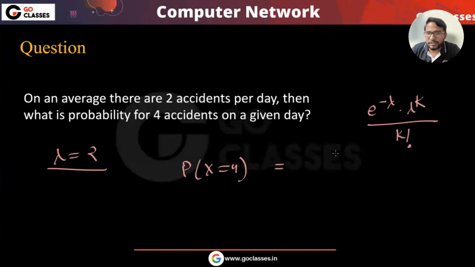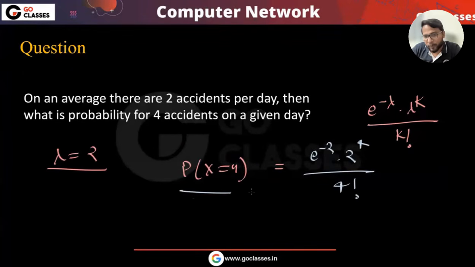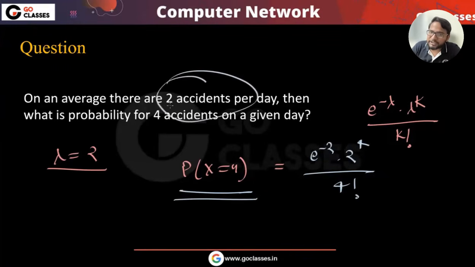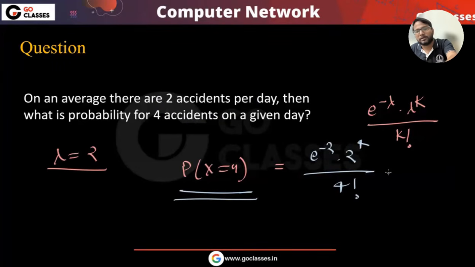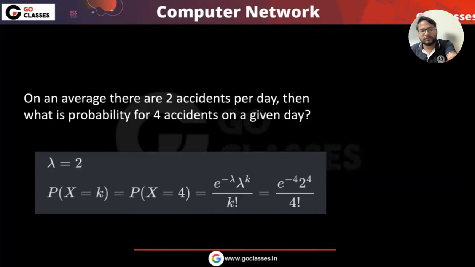If you apply this, it will be e power minus 2 into 2 power 4 upon 4 factorial, since you are looking for K equal to 4. So this is the probability of 4 accidents in a given day, if on average there are 2 accidents per day. Now let's move to the next slide.